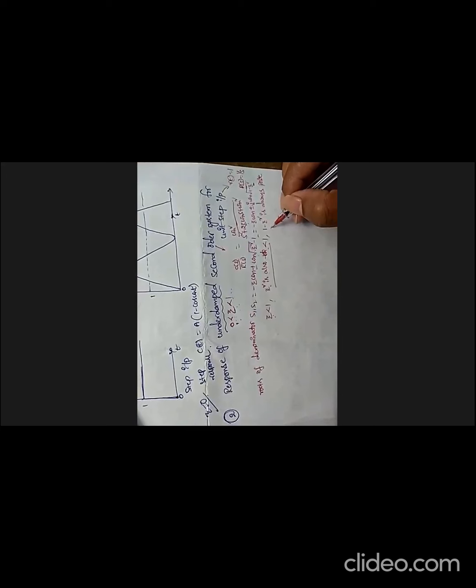Similarly, 1 minus 0.81 is always a positive value. It means 1 minus zeta square is always positive. Therefore, the roots are s equal to minus zeta omega n plus or minus j omega d.